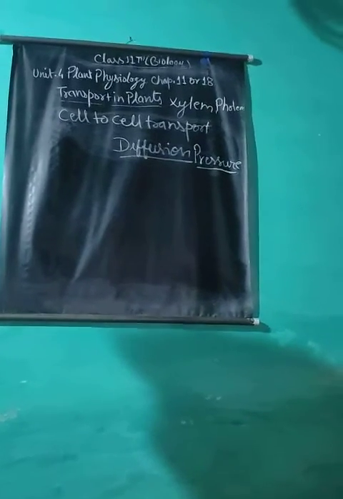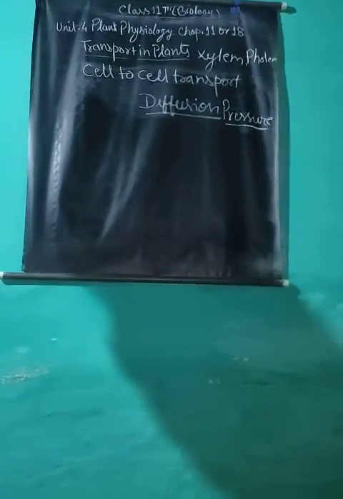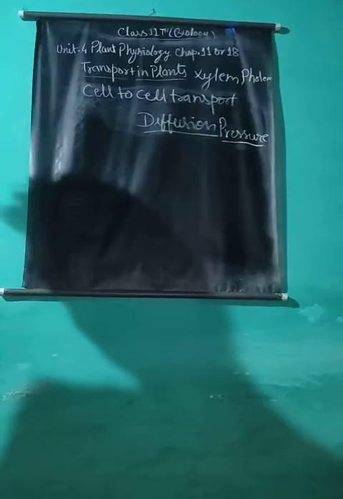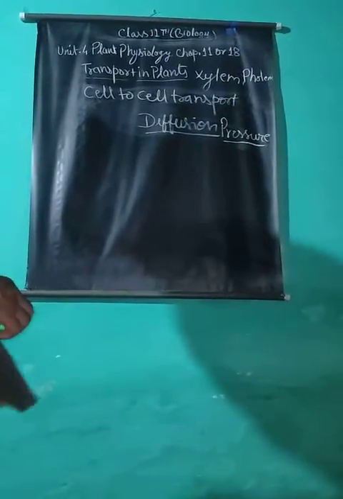Osmosis is a special type of diffusion in which solvent molecules diffuse through a semi-permeable membrane. Diffusion plays an important role in the transport of ions and food material inside the plant body. Due to diffusion of aromatic substances, we feel the essence of flowers. Indirectly, it helps in pollination by insects.